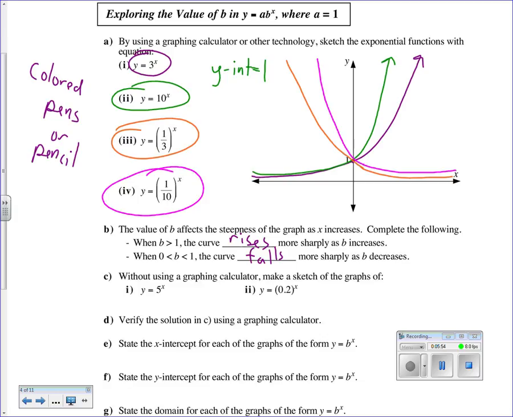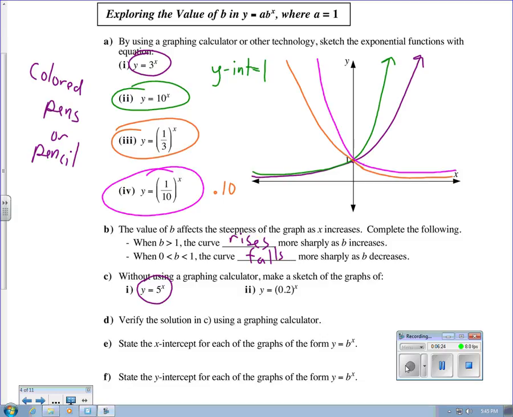So you can envision that if I choose a b value that's in between 3 and 10, the graph of y equals 5^x will fall in between the graph of y equals 3^x and y equals 10^x. The graph of y equals 0.2^x. Where is that? Well, just a quick thought, 1/10 is 0.10, so where would 0.20 be?